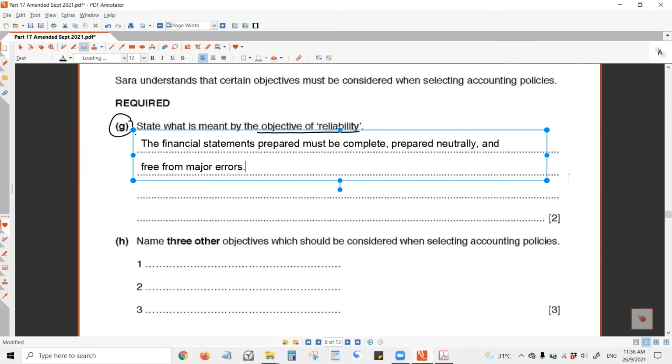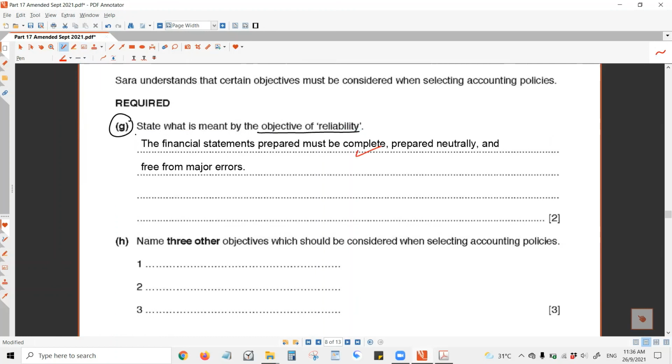As simple as this, really. You must remember the three components: complete, prepared neutrally, and free from major errors. You don't just write that you must ensure financial statements are reliable. You will not get any mark. You must have these three components. So 2 marks here.